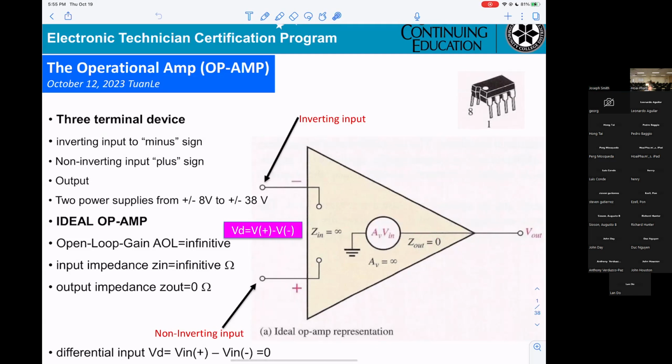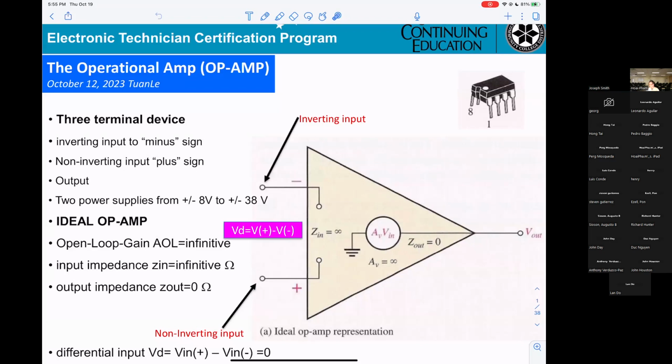That's what they call G out, the output impedance. They want it to be 0. Why? You want more current coming out, so the impedance at the output is supposed to be 0. If this is too big, current cannot come out.